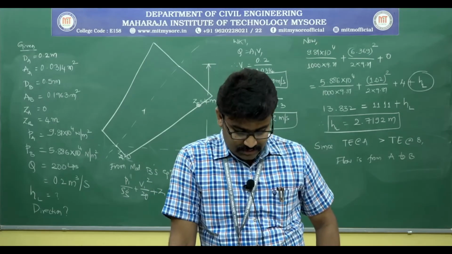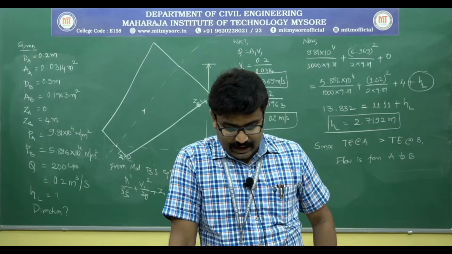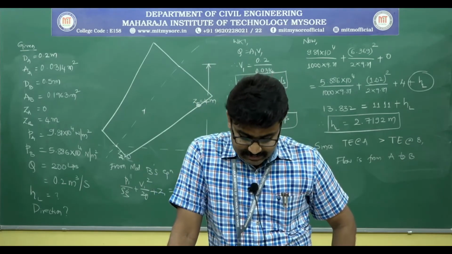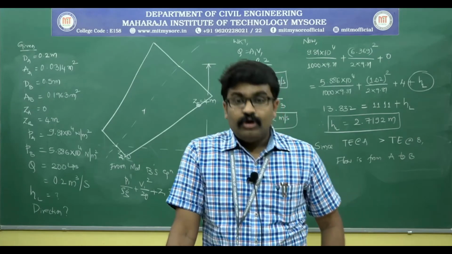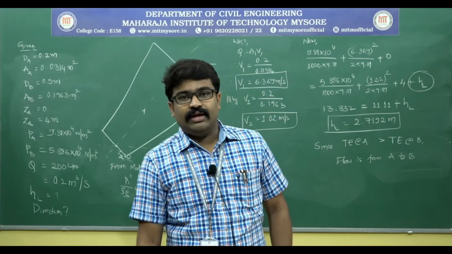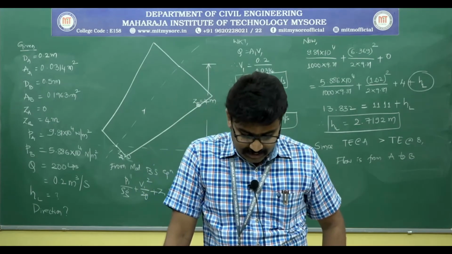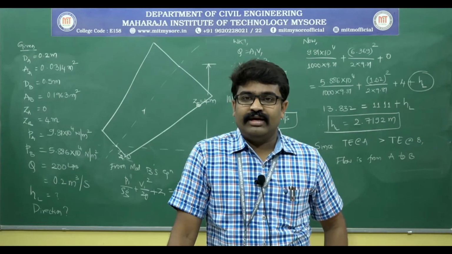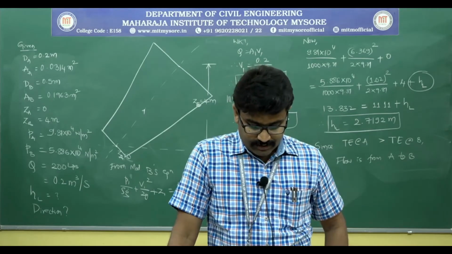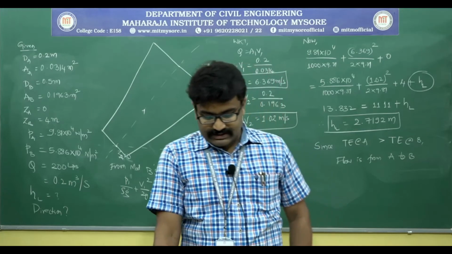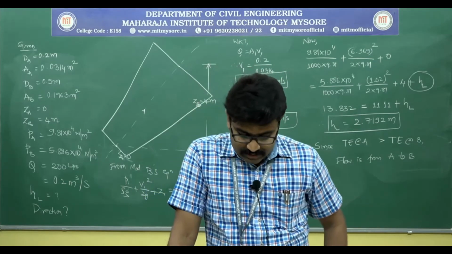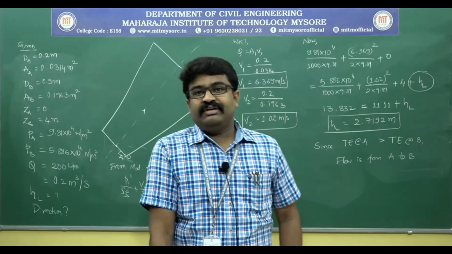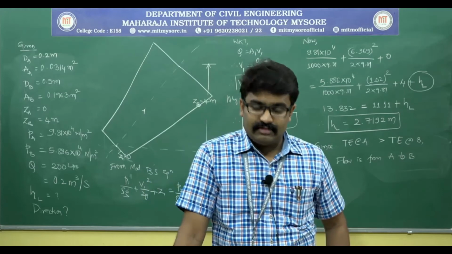The pressure at upper end is 240 millimeter of mercury (vacuum), while the pressure at lower end is 15 kilonewton per meter square.